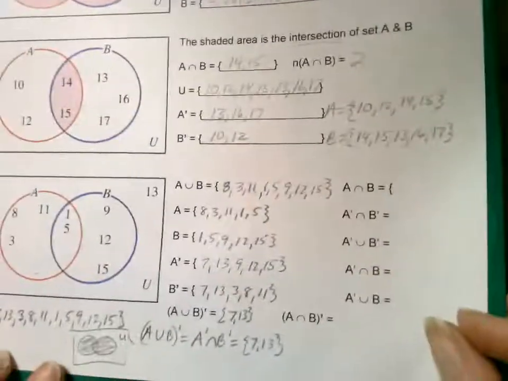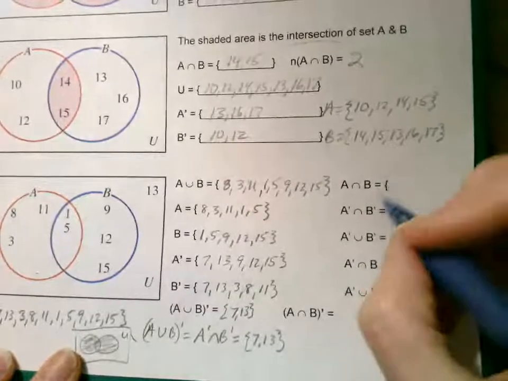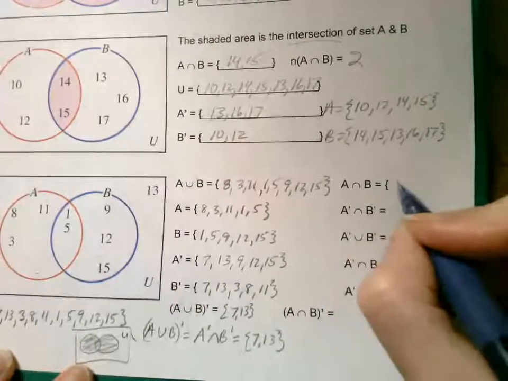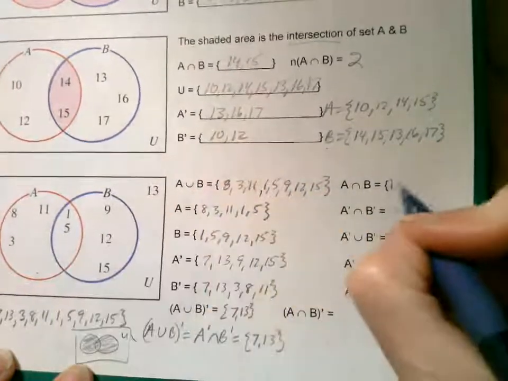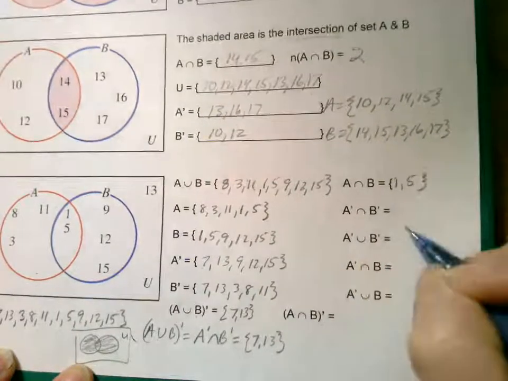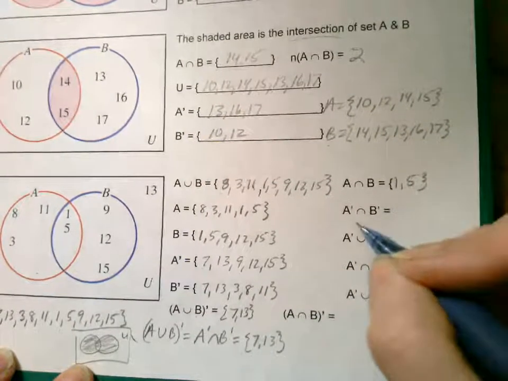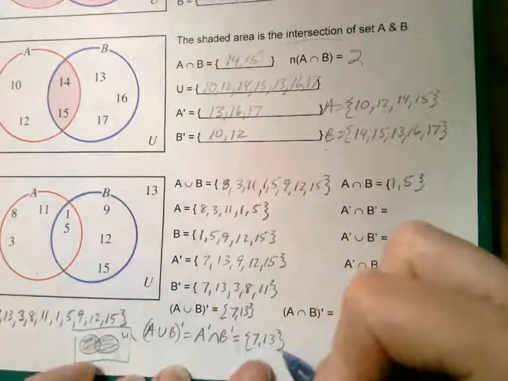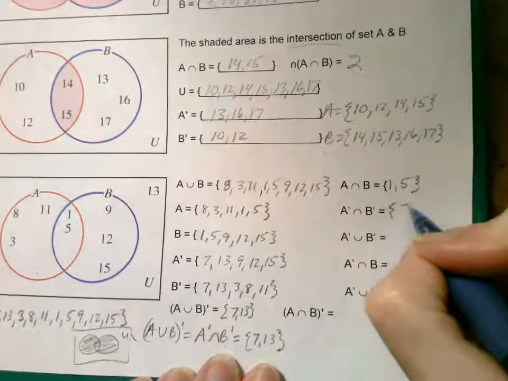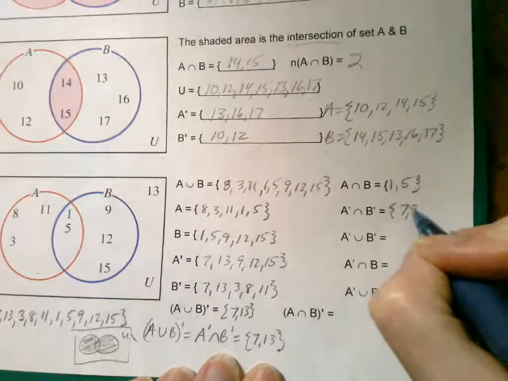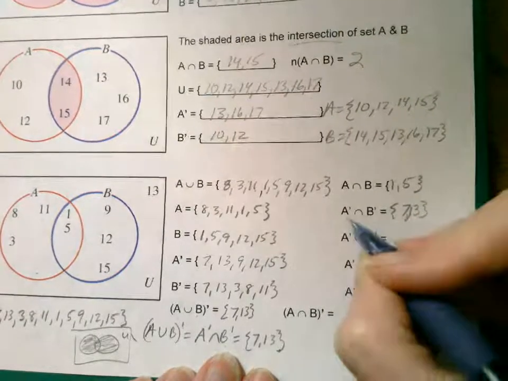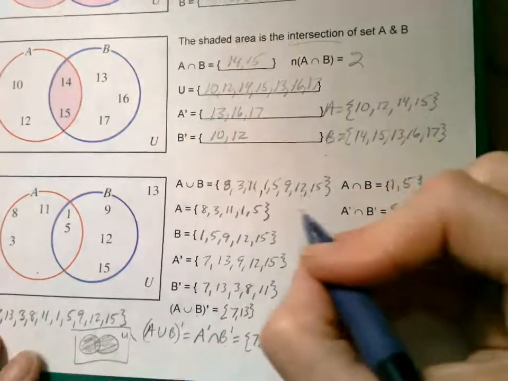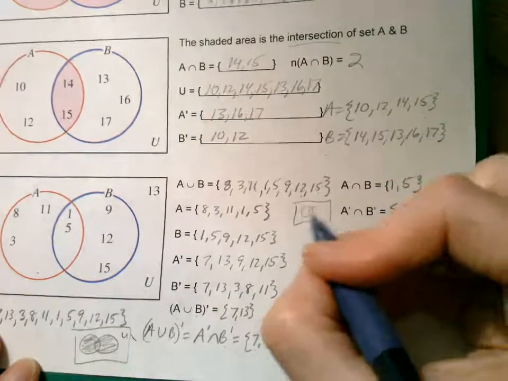All right, let's look at some other ones here. Intersection of A and B. That's 1 and 5. The intersection of not A and not B, I just did this here. So this is 7 and 13, right? What is not in A?